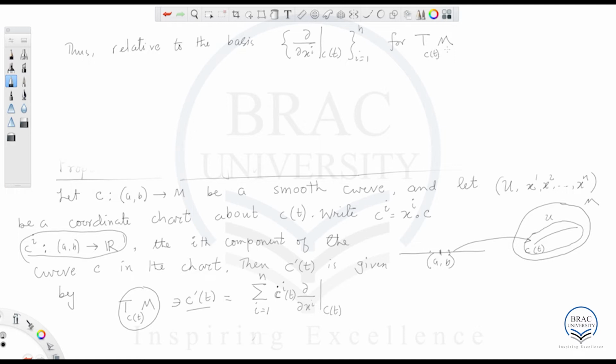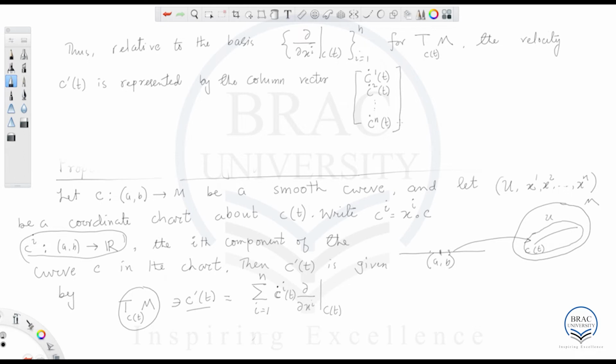Okay. Relative to this basis of this tangent space, the velocity c prime of t is represented by the column vector c1 dot t, c2 dot t, all the way down to cn dot of t.